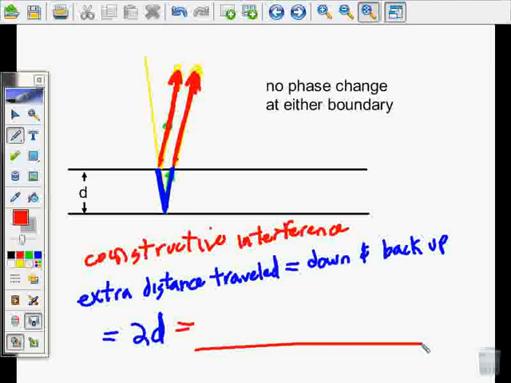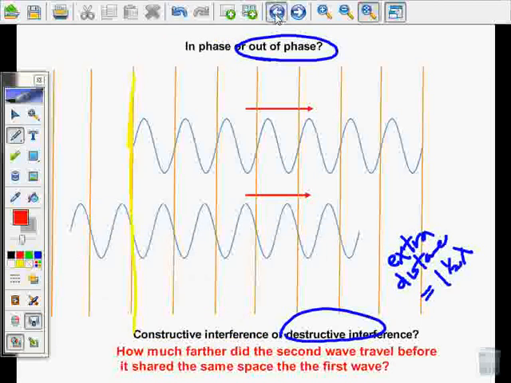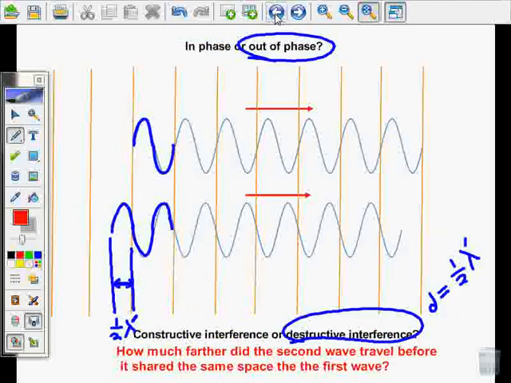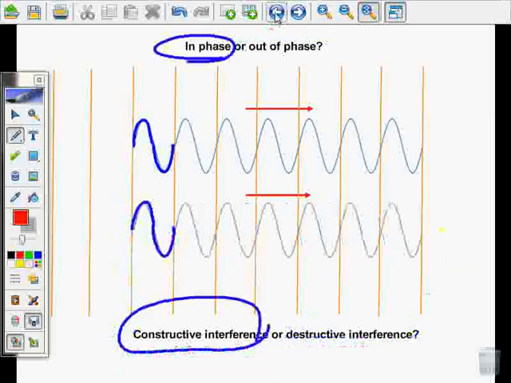But let's go back and let's talk about this again. This extra distance traveled, folks, if we go back over here, right now these two waves are in phase with each other, yes? What's the extra distance traveled by the lower one? 0. Because they're both starting at the same point.